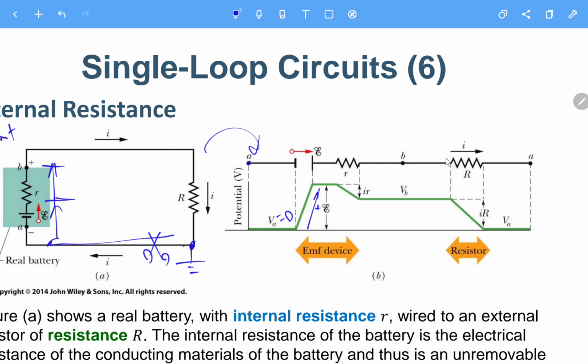And then this is node B, so the voltage doesn't change. And then this is I times capital R, so we drop by IR, going back to the original point.